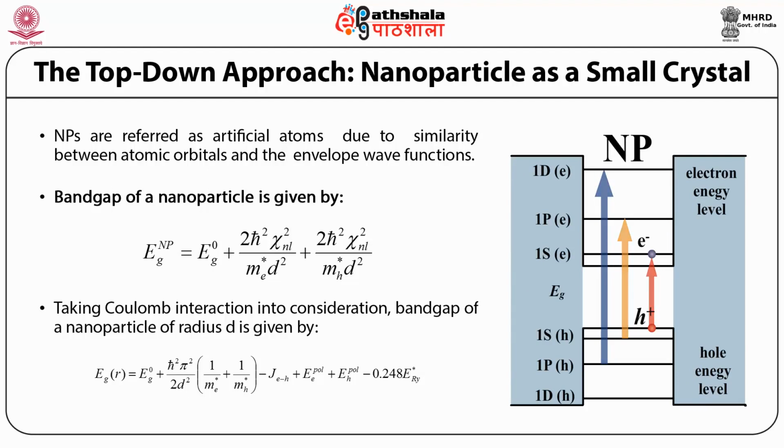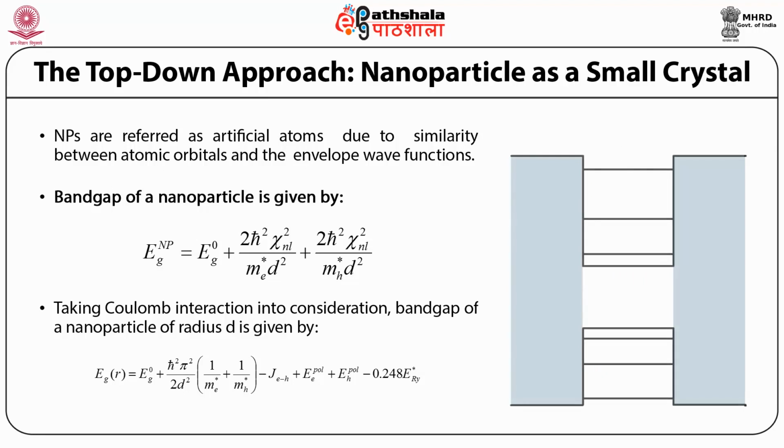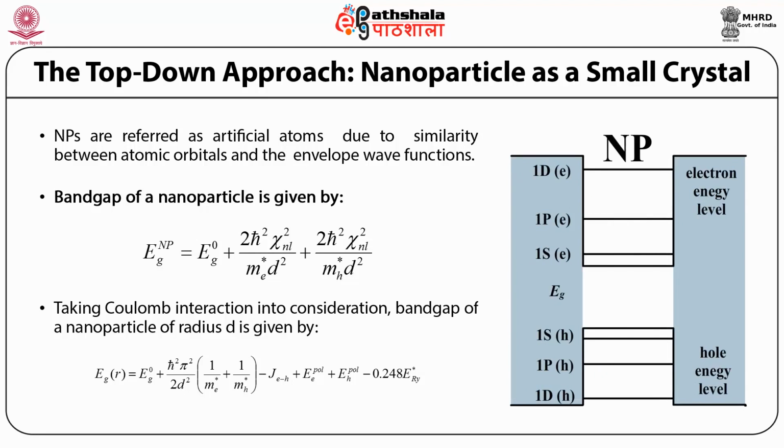Now the terms Ee pol and Eh pol give the self-polarization energies of the electron and hole and depend upon e² by R and on the dielectric constants of the nanoparticle and the surrounding.